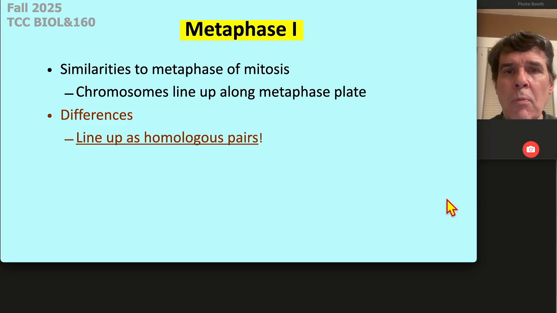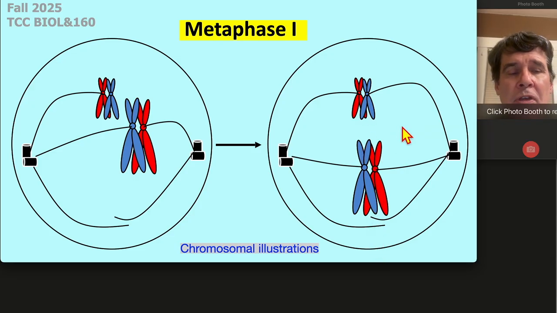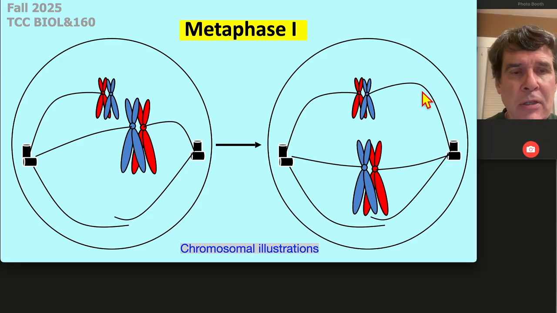The chromosomes line up along the central axis in what's called the metaphase plate, but the big difference is it is now homologous pairs lined up. If you see this kind of arrangement where chromosomes are lined up in a central axis in the illustrations, but they are pairs, it has to be meiosis that you're observing and not mitosis.